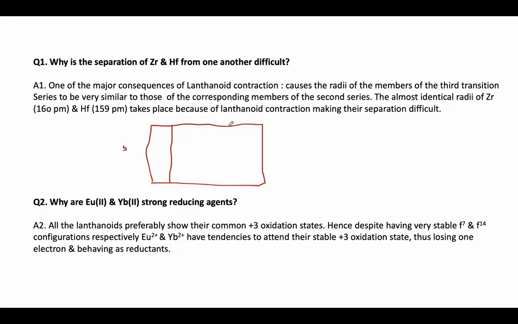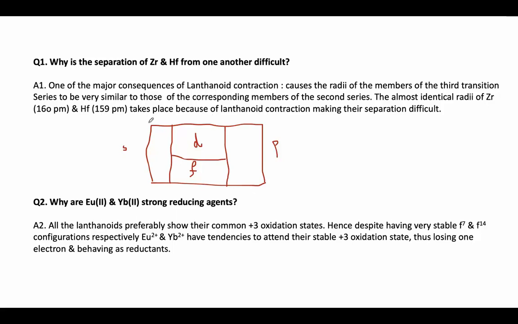In the extreme right hand side, we have the P block elements. In the middle portion, on the first side, we have the D block elements, and in the lower part of this D block, we have the F block elements or the inner transition elements. So this is the division of the periodic table.